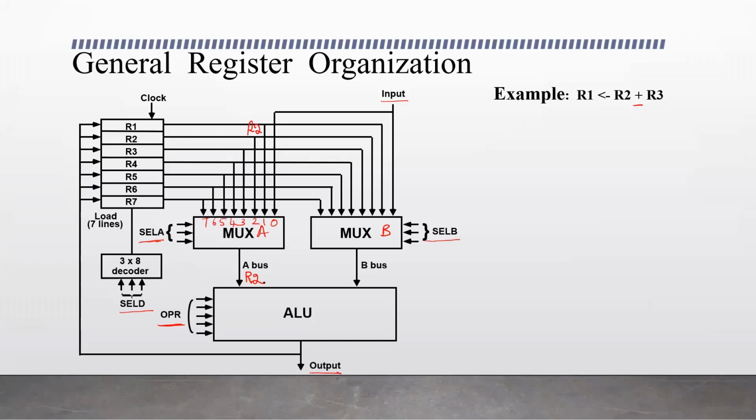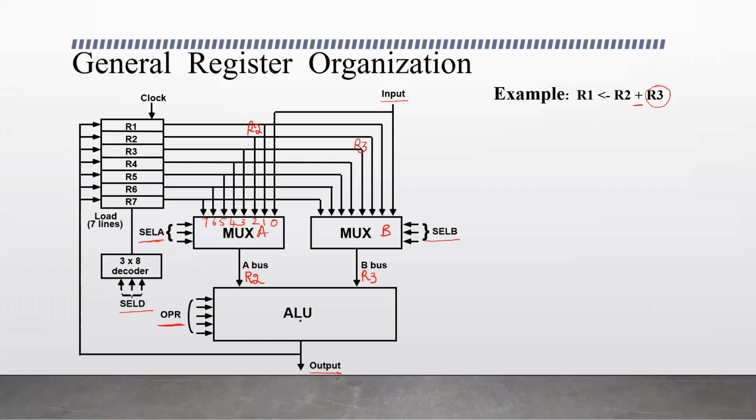And the second input to the arithmetic and logic unit is register R3. Multiplexer B selects the content of R3 and places it onto the bus. So here we will have R3 as the second input to the ALU.